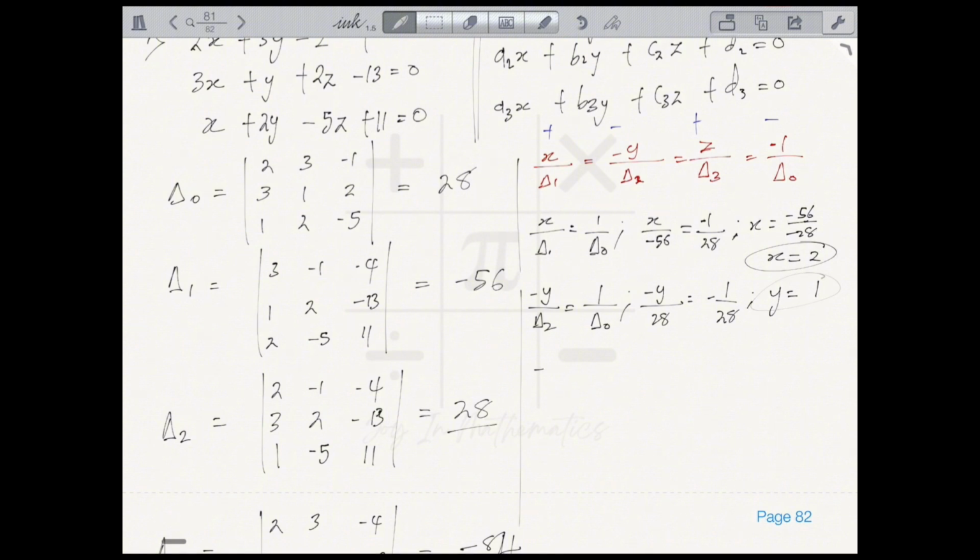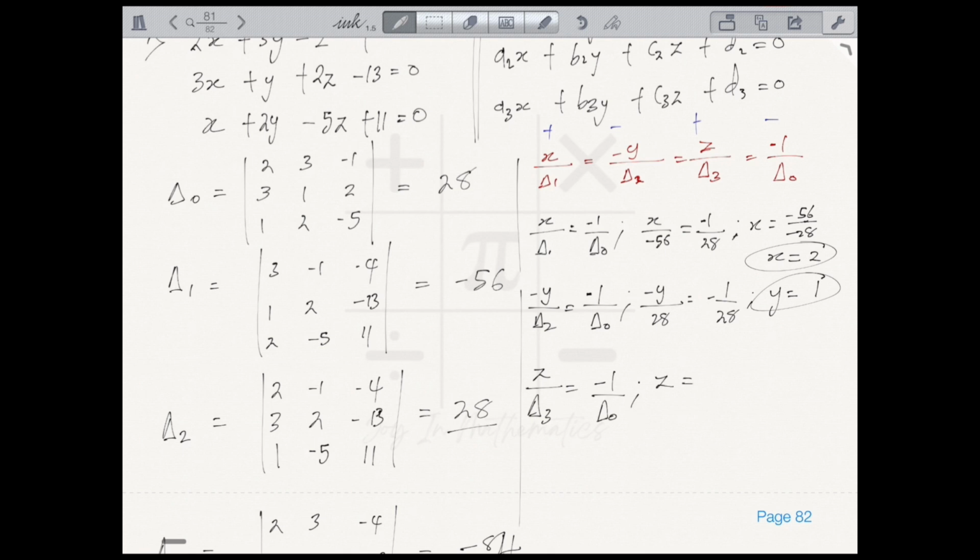And finally for z, we know that z is equal to, well, delta 3 is positive, okay, minus 1, I forgot minus 1 again, divided by delta 0.